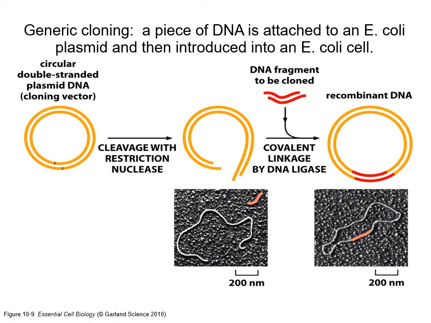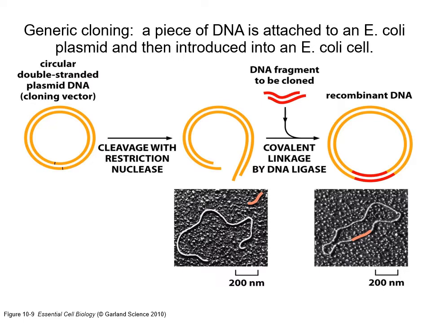Okay, so general cloning: a piece of DNA is attached to an E. coli plasmid and then introduced into an E. coli cell. This is obviously quite simplified. We're not showing any restriction enzyme sites or anything. But the basic idea is you have a circular molecule, a plasmid cloning vector, which is going to be cut with a restriction enzyme. Then you have a DNA fragment that you want to attach to it. You use DNA ligase to attach the DNA fragment to produce a recombinant DNA molecule.